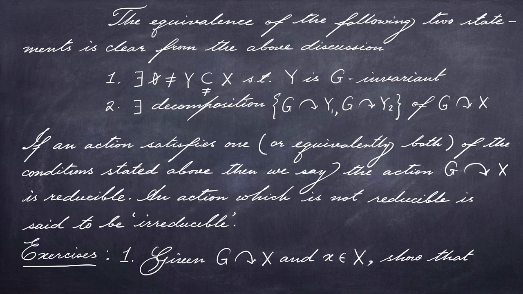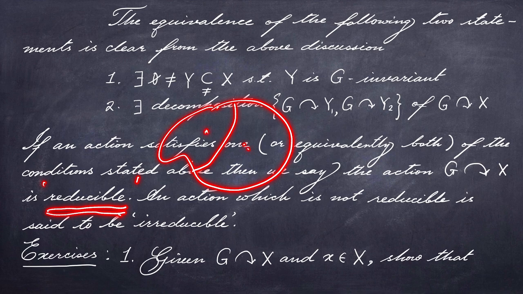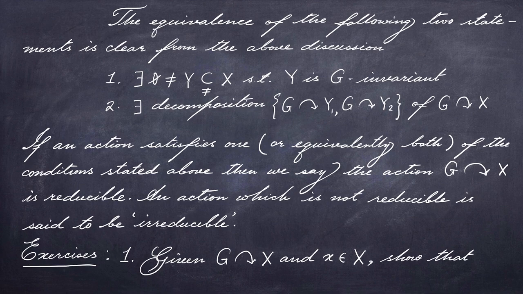We can see the motivation behind this nomenclature, that is, now the entire action has been reduced into two parts. An action which is not reducible is said to be irreducible.